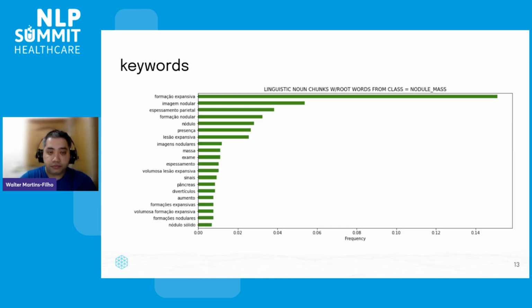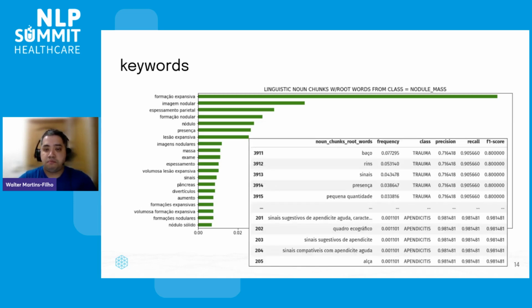And when we put that in the table, we compare the non-chunk root words with the frequency, the associated class where this non-chunk token appears, and the precision, recall, and F1 score of the baseline model, so we can compare the distribution for each group.